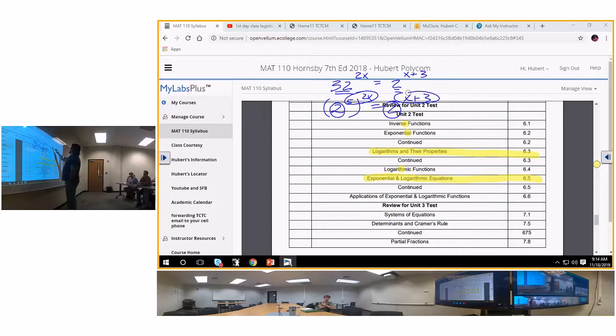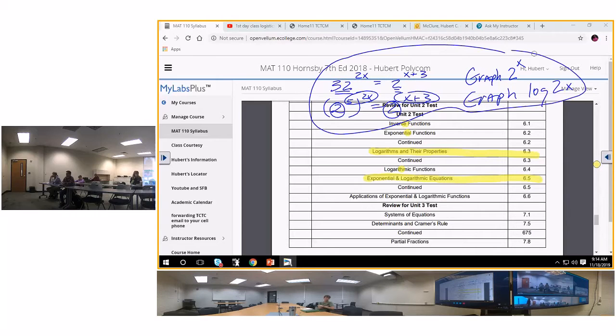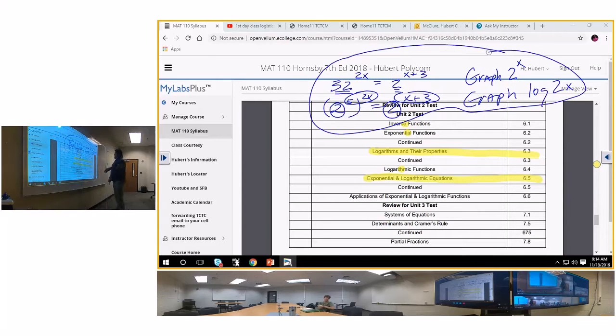Okay, so that's 10 to 20% log, graphing, graph 2 to the x, graph log of 2x. This right here is going to be your 6.1, 6.2, 6.3.